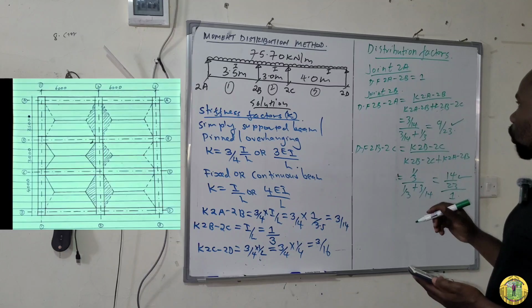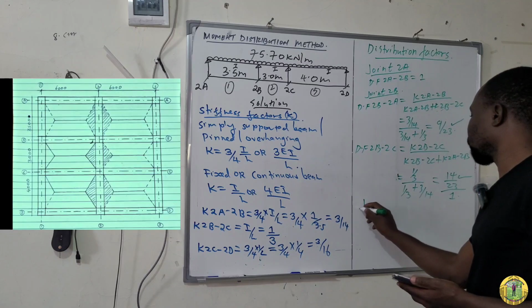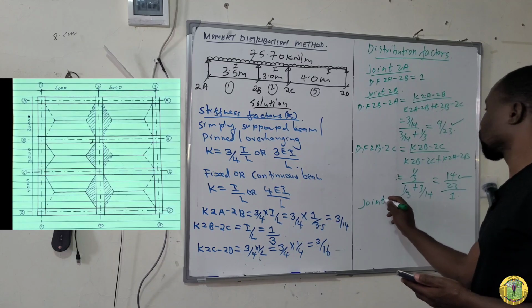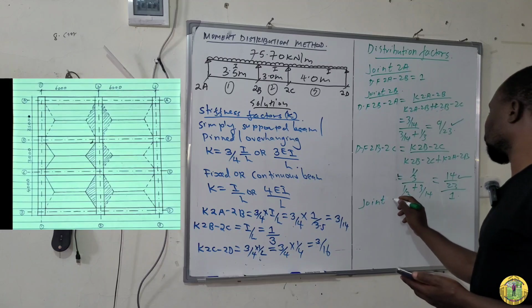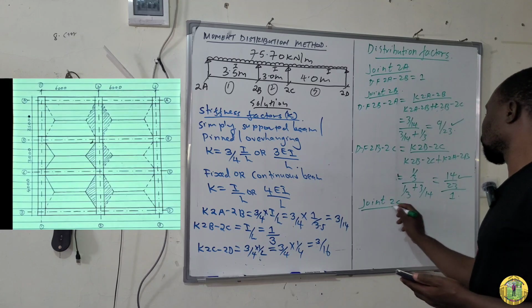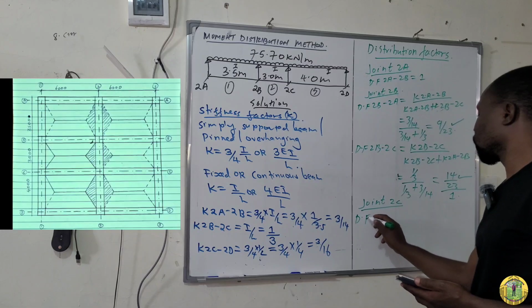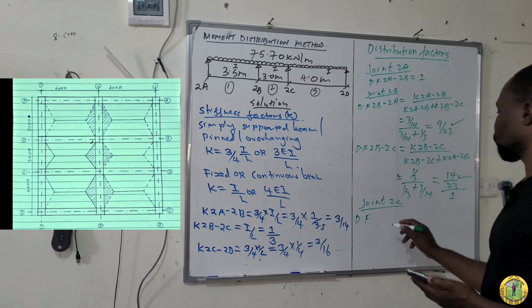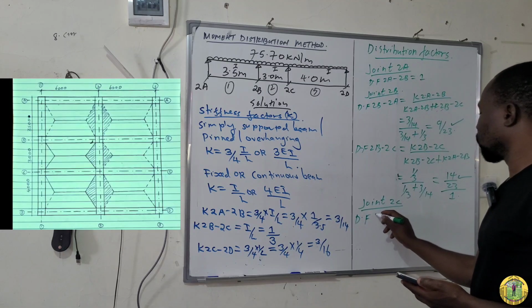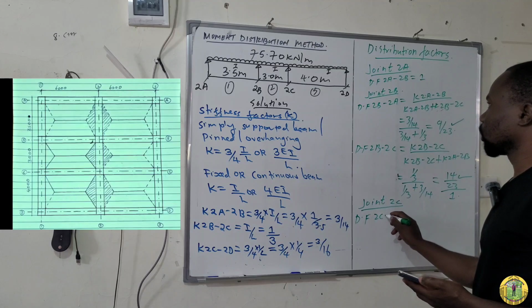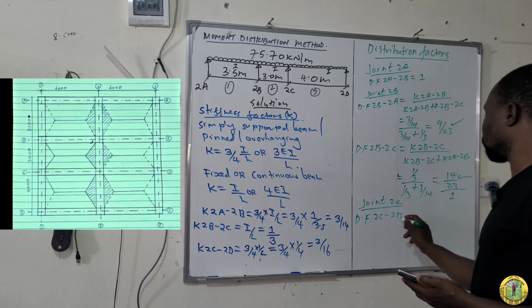So we proceed to joint 2C. For joint 2C, we have DF 2C 2B.